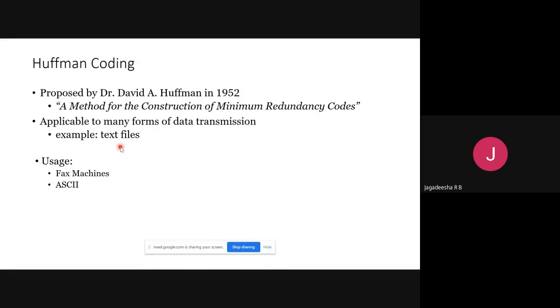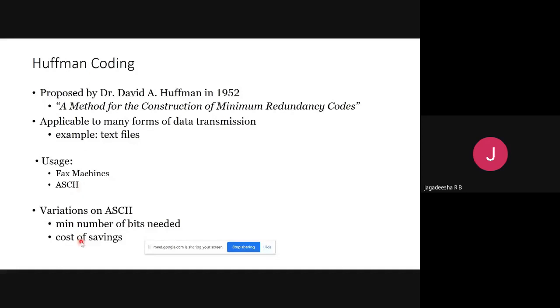Another one is ASCII, when we represent text files in ASCII code, right? Each character occupies 8 bits. So can we do some improvement on that instead of ASCII? Because ASCII means any character you need to represent by 8 bits. But if we use some coding schemes like the Shannon-Fano coding or Huffman coding, is there any improvement possible? That we will see today.